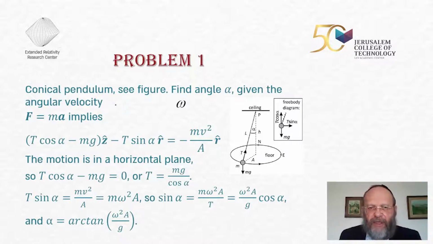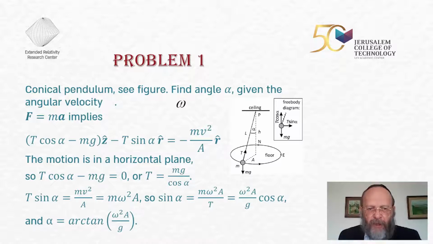Looking at the vertical direction, on this side you see the tension T. The projection on the vertical direction is T cosine alpha minus mg. The horizontal one is equal to the centrifugal force, for which we found the formula.